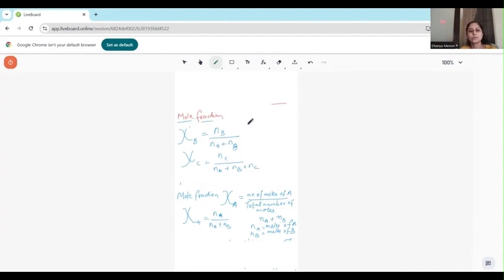So this is the formula, students. Mole fraction is given by ratio of number of moles of one component over total number of moles present in the solution. Okay. Now let's do one question.